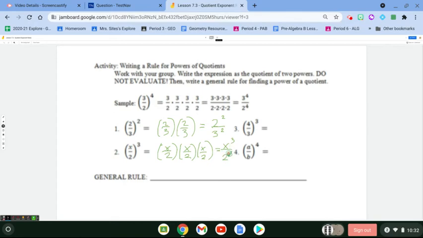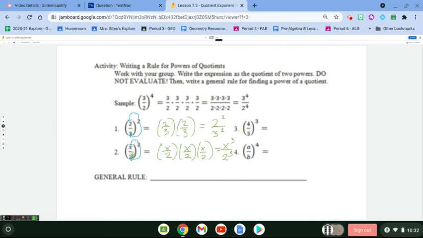I don't think we need to multiply out every single one of these to figure out what the rule is. Basically what you're doing is you're taking the exponent that's on the outside of the set of parentheses and you're distributing it to both the numerator and the denominator. So the x got the power of 3, the 2 got the power of 3.